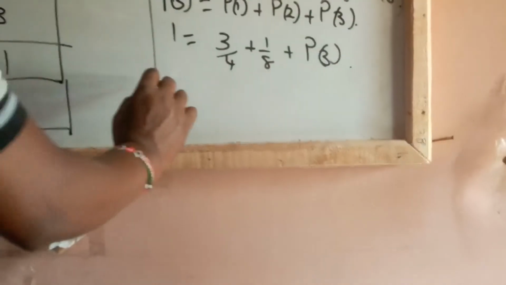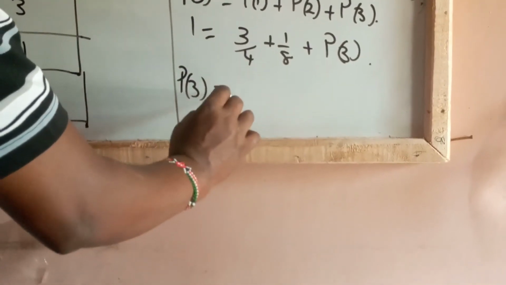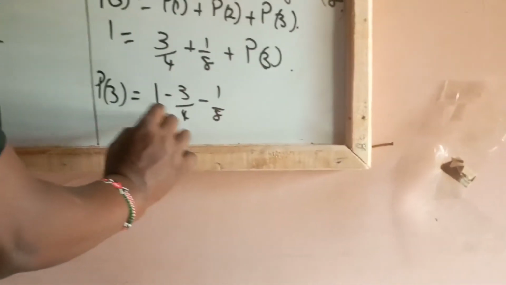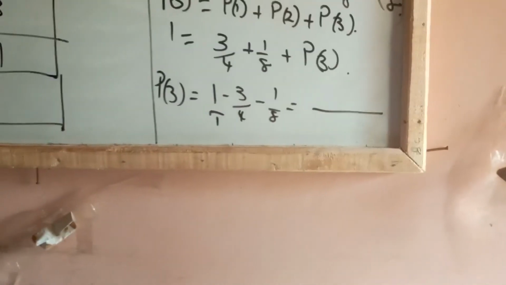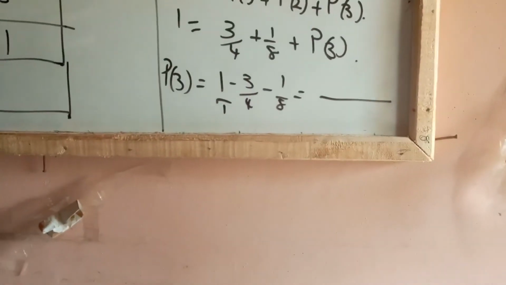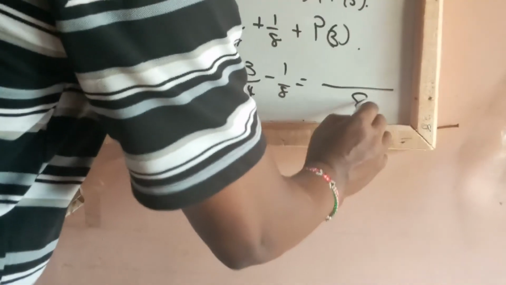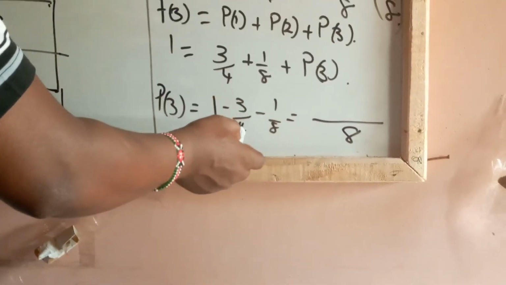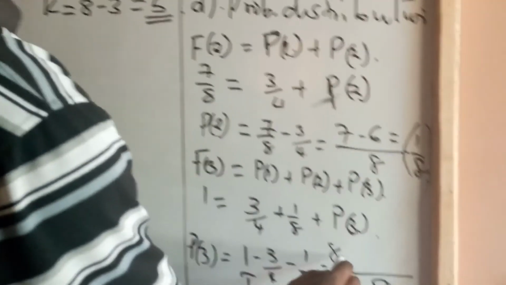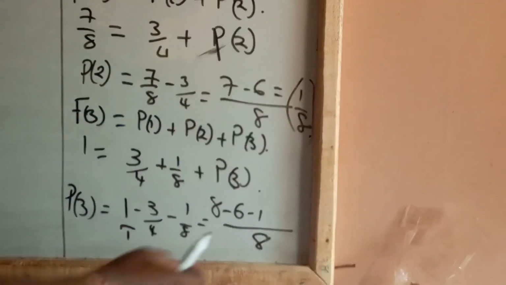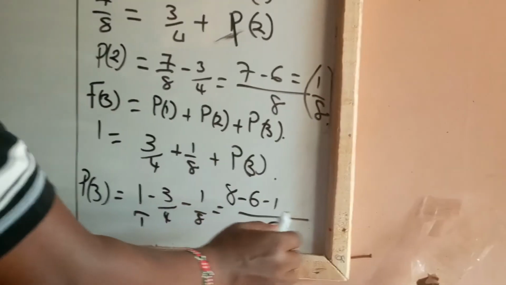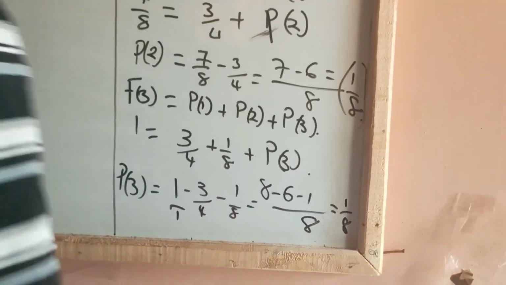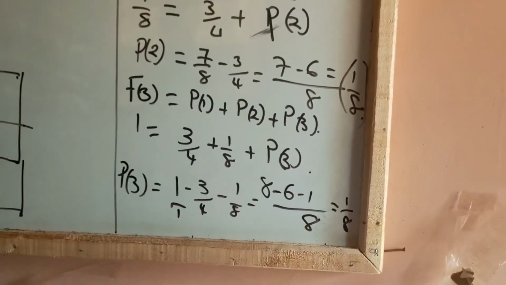Making the probability of 3 the subject, it is 1 minus 3/4 minus 1/8. This is all over 8: 8 minus 6 minus 1, which is 1/8. So the probability of 3 is itself 1/8.